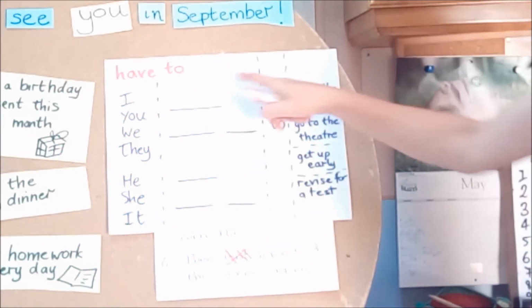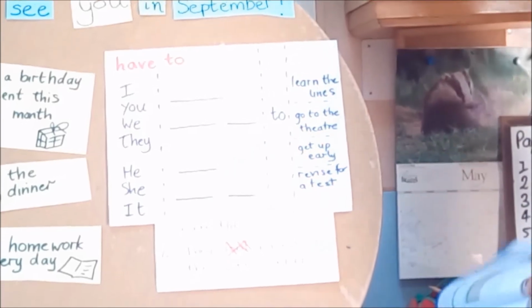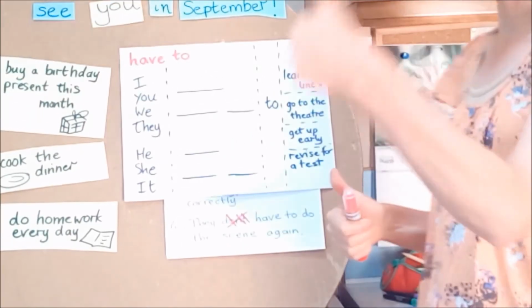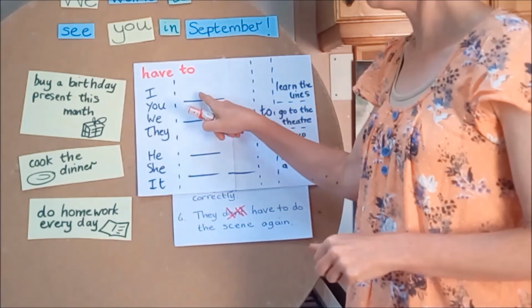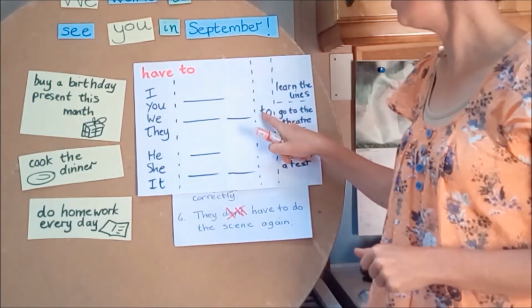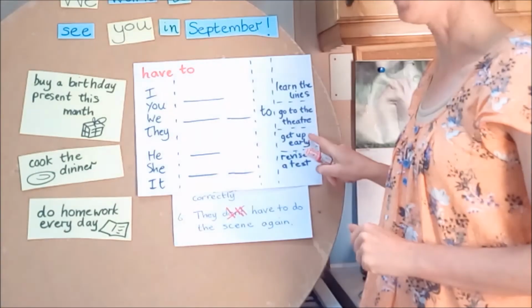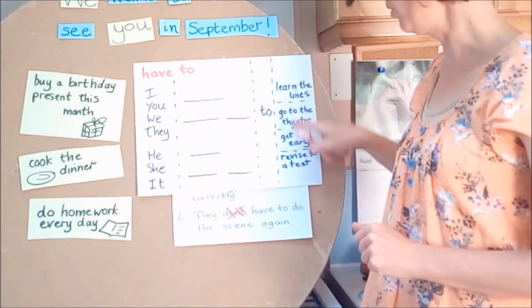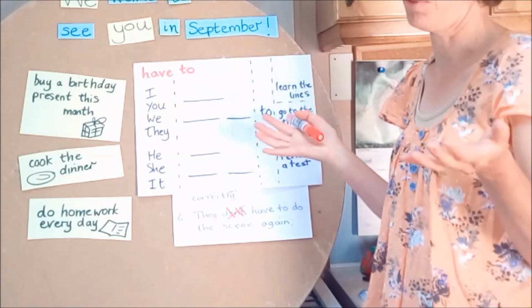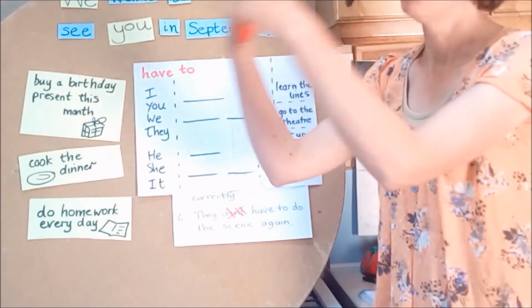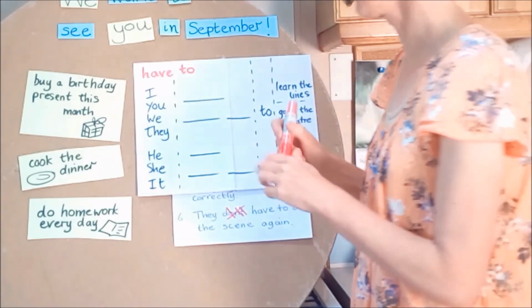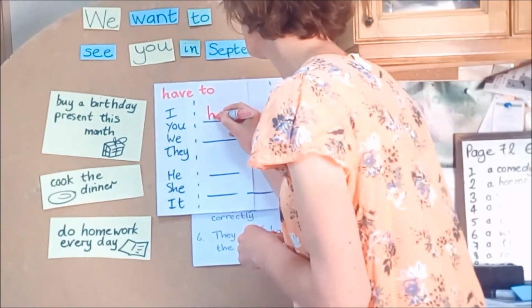There are only 4 different things to write. So, first of all, positive sentences. I have to get up early, for example. These are just examples. I have to go to work. So, have in here.